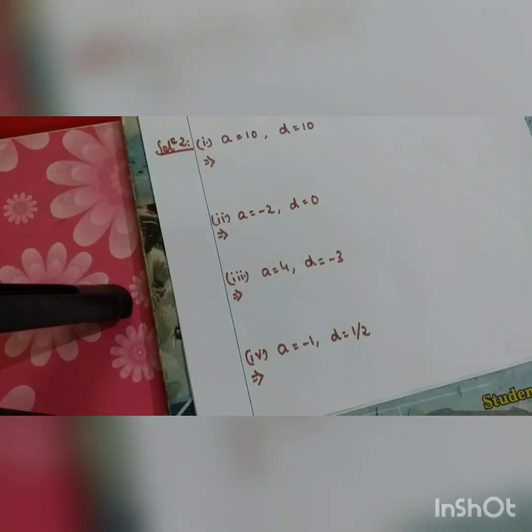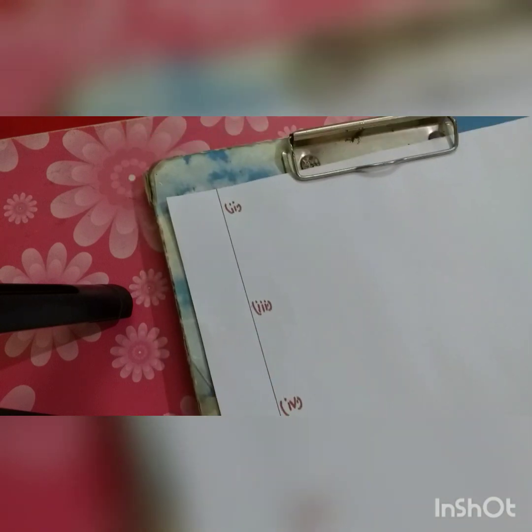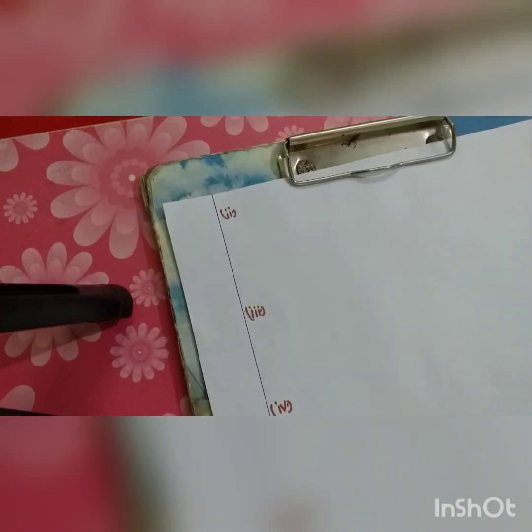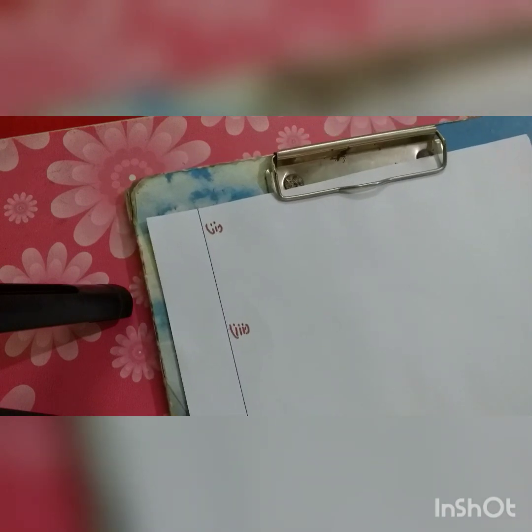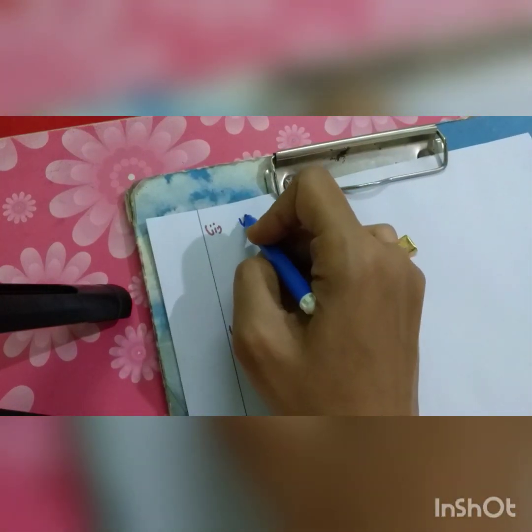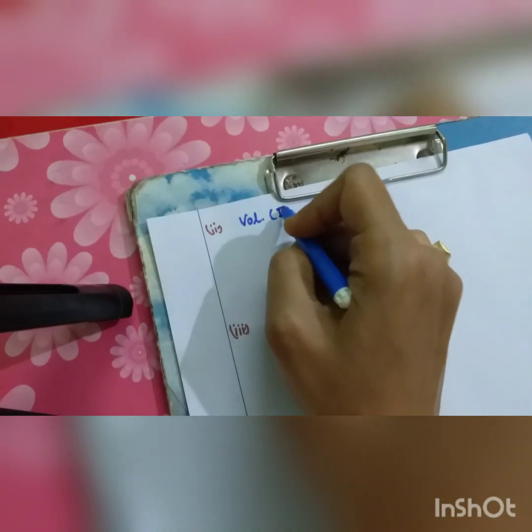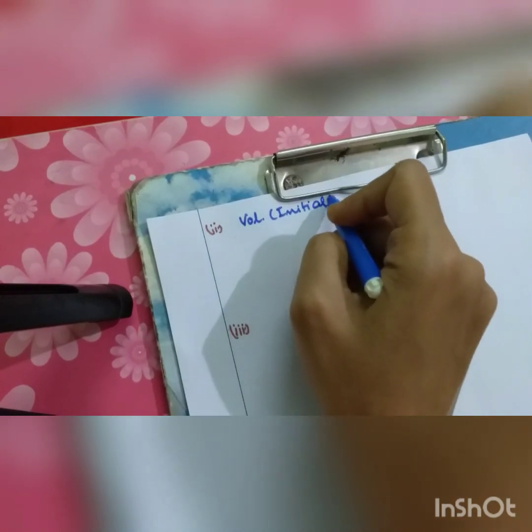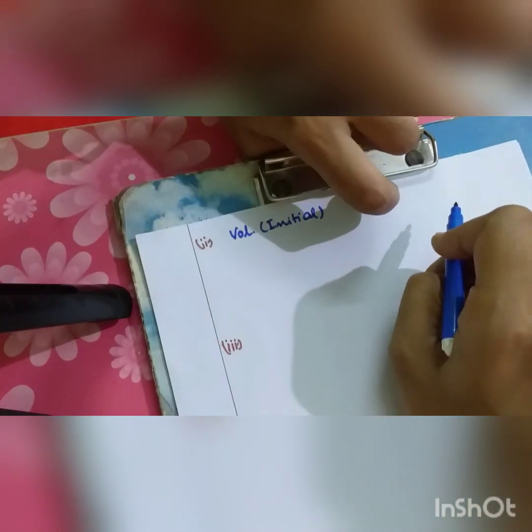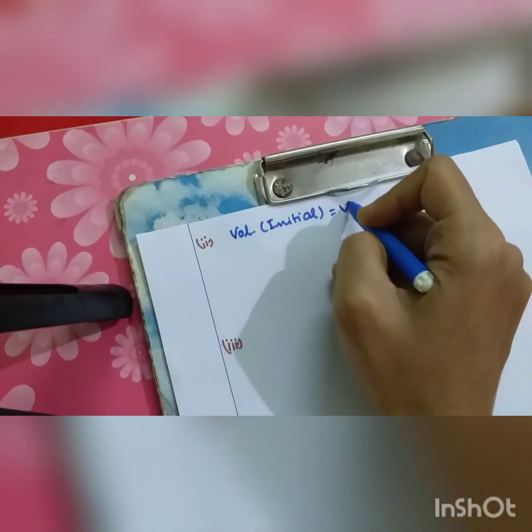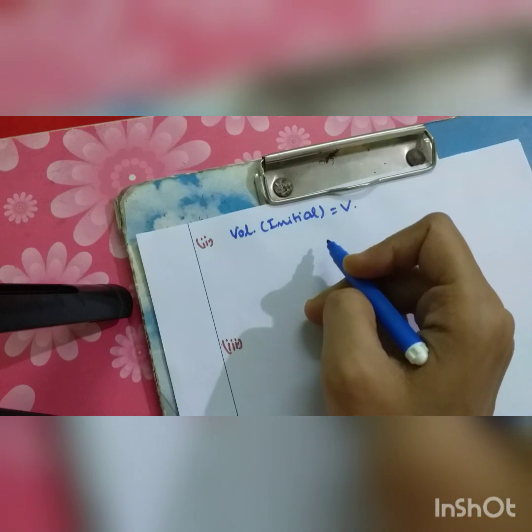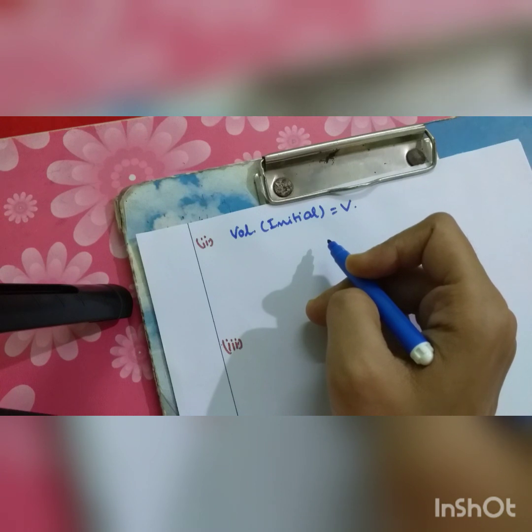Come to the second question. The second question is saying that the amount of air present in a cylinder, when a vacuum pump removes 1/4 of the air remaining in the cylinder at a time. We are supposing that the initial volume in our cylinder is V. When the vacuum pump is inserted, it removes 1/4 of the air remaining in the cylinder.